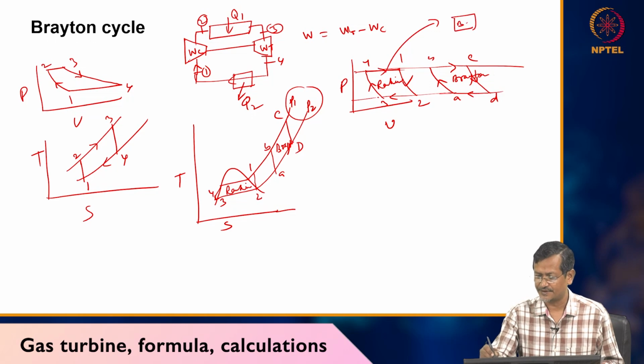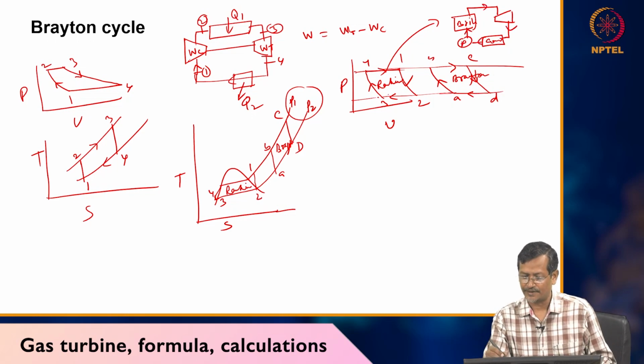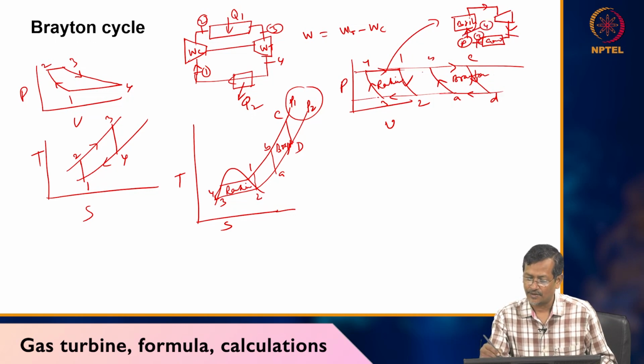The boiler is there, then turbine, then condenser, then pump. If I put the numbers, 3 to 4 is pump, 2 to 3 is condenser, after boiler it is 1.